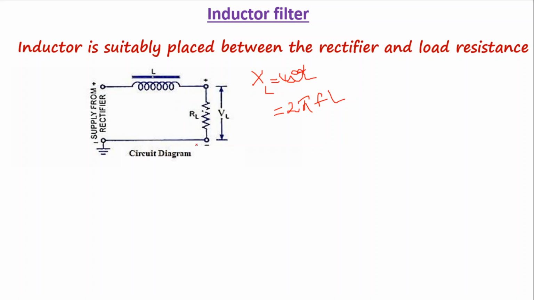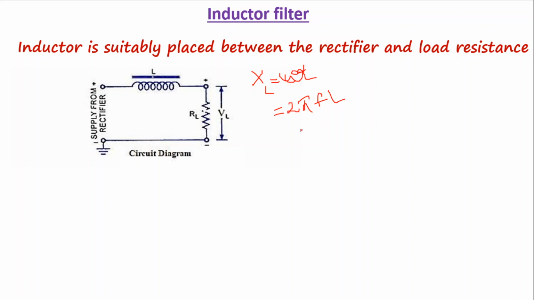So you will have a little amount of AC component in the DC, but it will be very, very low, because the inductance coil offers significant reactance to the AC component.